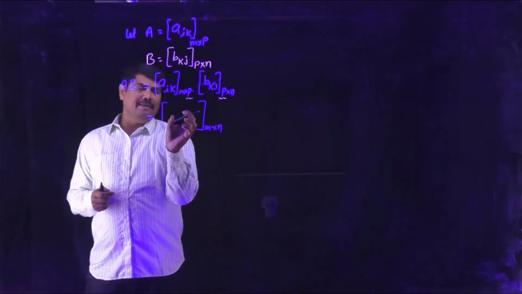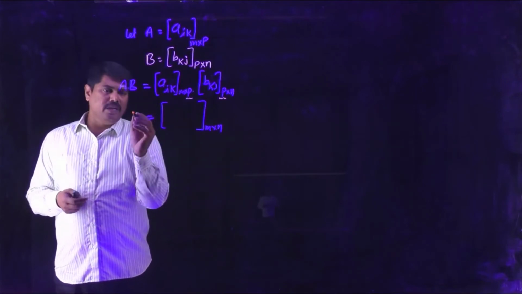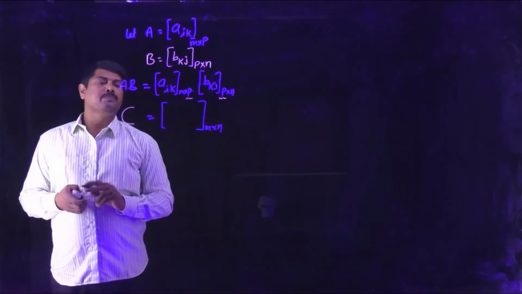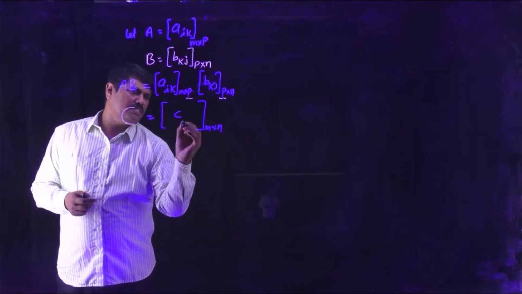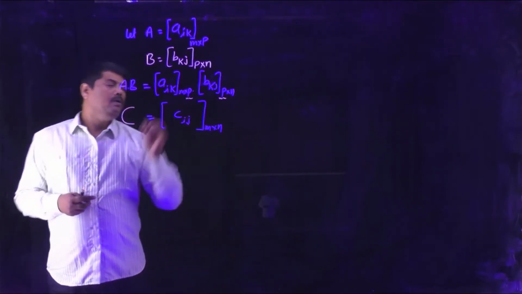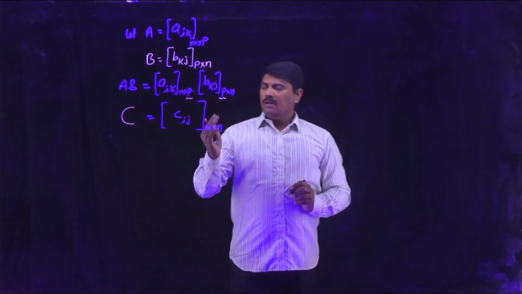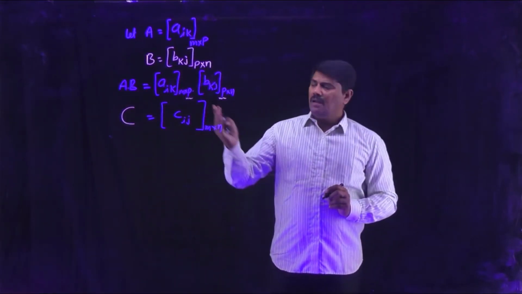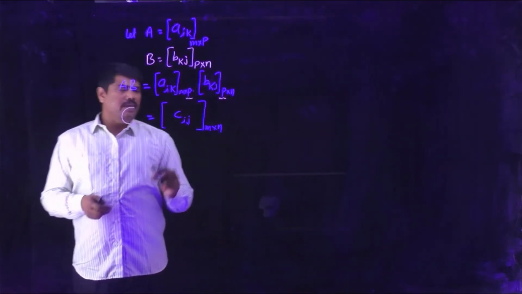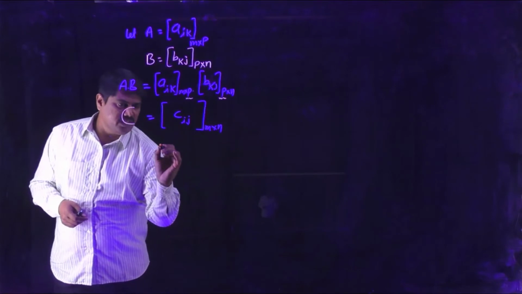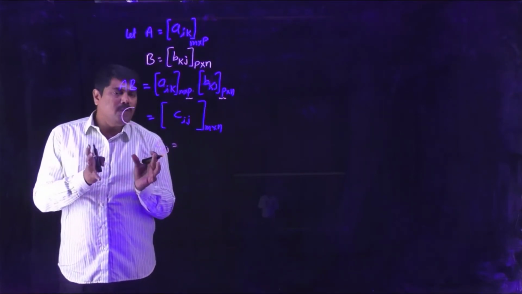Let us consider A into B, and name the new obtained matrix C, whose elements are represented with small c_ij. So the new obtained matrix C is of order M by N and its elements are indicated by c_ij. So the important point you have to observe is, what is c_ij? How do you obtain the elements?